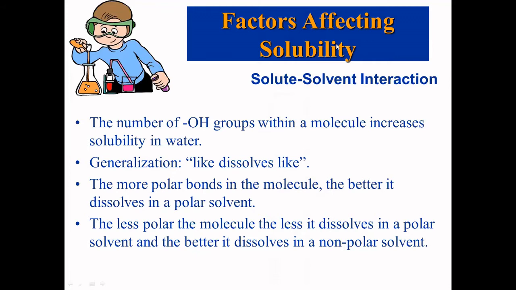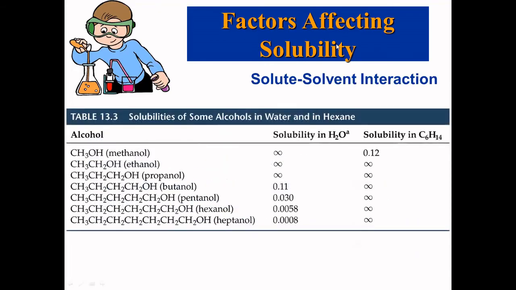Since this OH is polar in nature, it gets dissolved easily in a polar solvent. The less polar the molecule, the less it dissolves in a polar solvent, and the better it dissolves in a non-polar solvent. Okay, so here's a table that would show you the solubility of these alcohols.